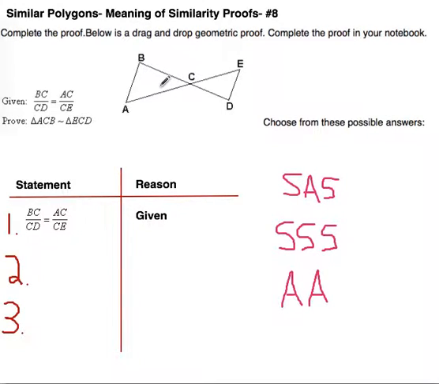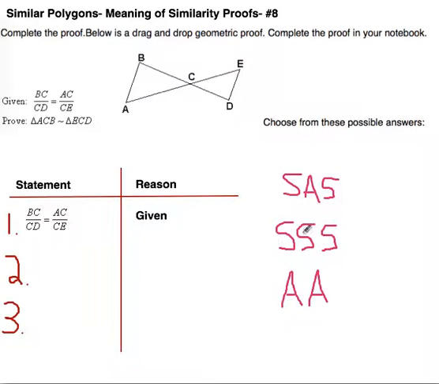So unlike whenever you're trying to prove that triangles are congruent, your sides don't have to be equal, they just have to be proportional. Now in side, side, side, you have three sides that are all proportional. And then in angle, angle, you have two angles that are equal.